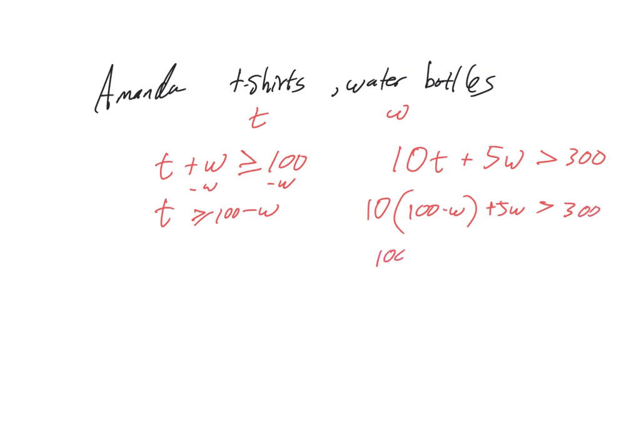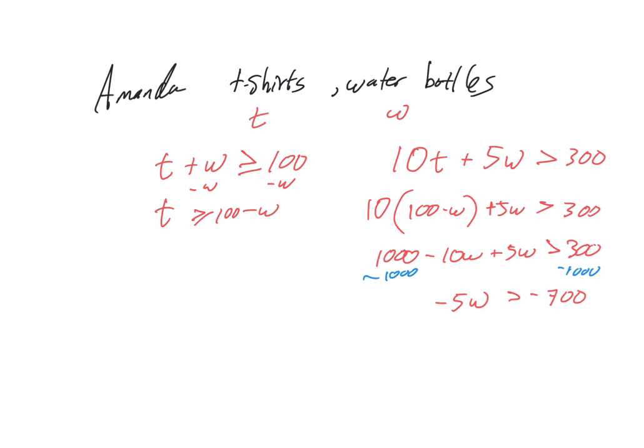That would be 1,000 minus 10W plus 5W greater than 300. I'm going to move the 1,000 to the other side, subtract it from both sides. I would then have, on the left side, combine the W, so it's minus 5W greater than negative 700.